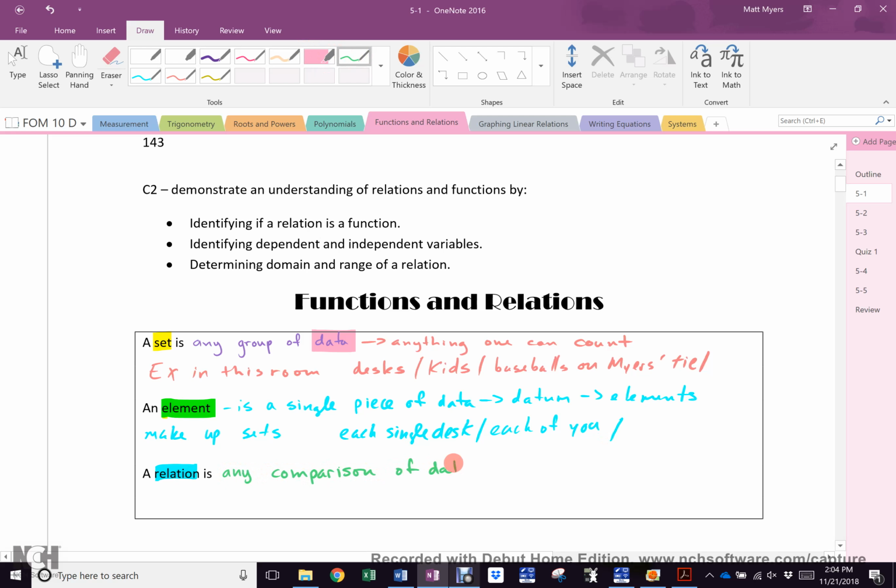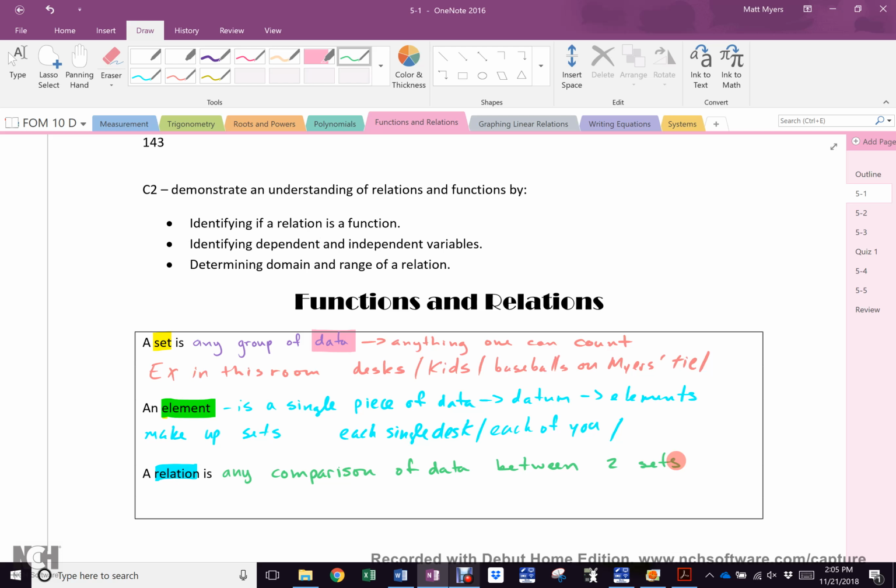And finally, a relation is any comparison of data between two sets. Okay? So, the first set was desks and students, yes? Do each of you relate to a single desk in the room? Yes. One desk, one kid.